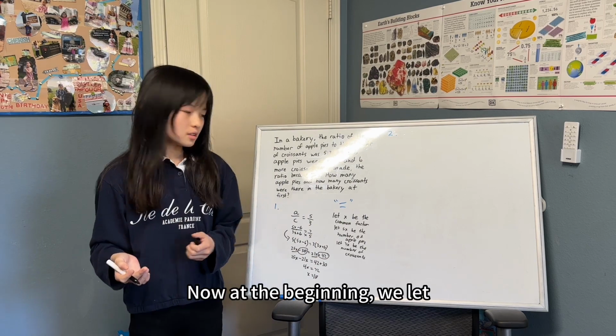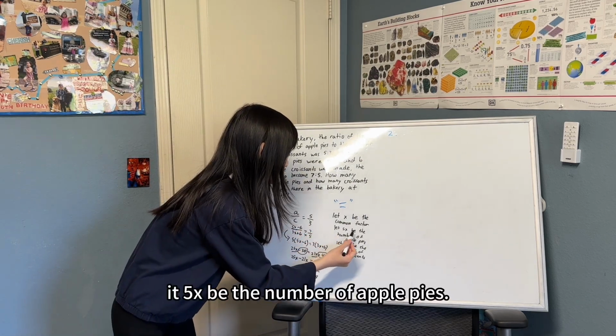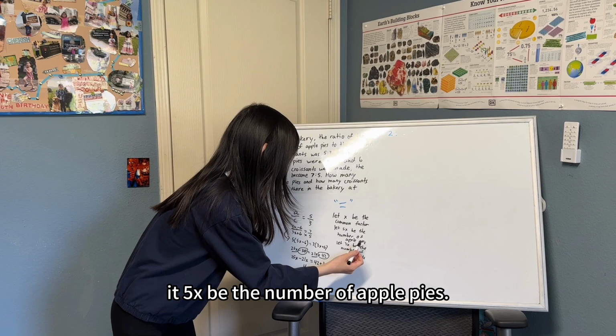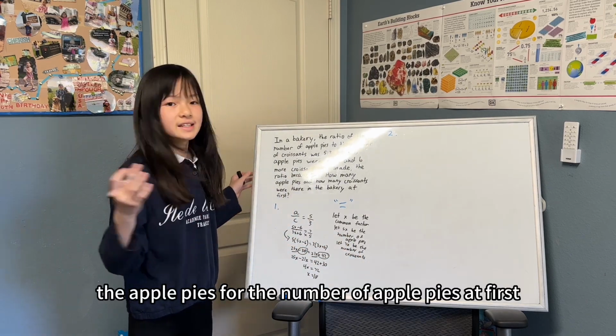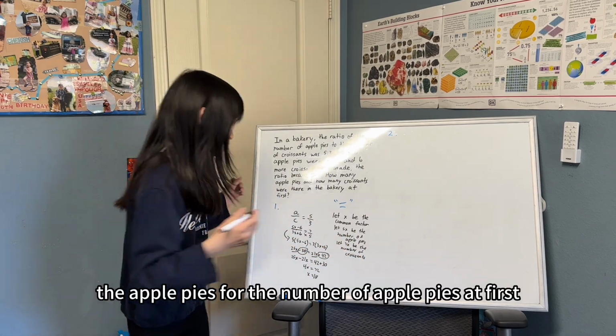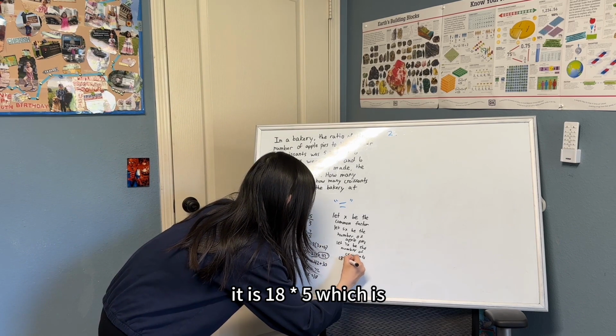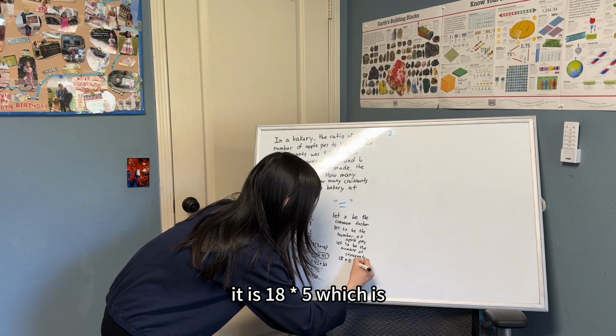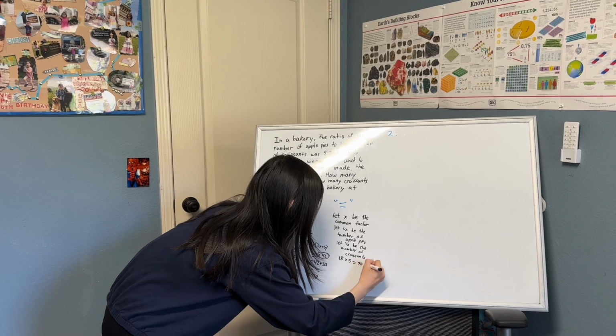Now at the beginning, we let 5x be the number of apple pies. So for the number of apple pies at first, it is 18 times 5, which is 90 apple pies.